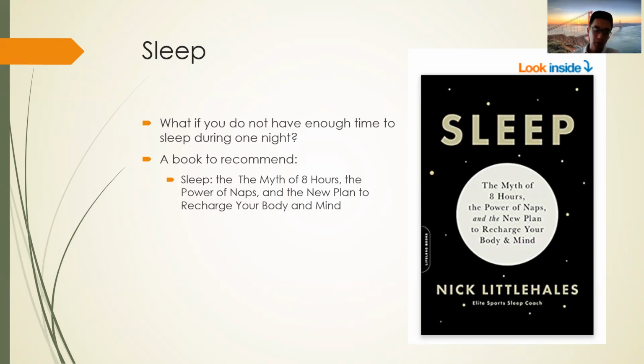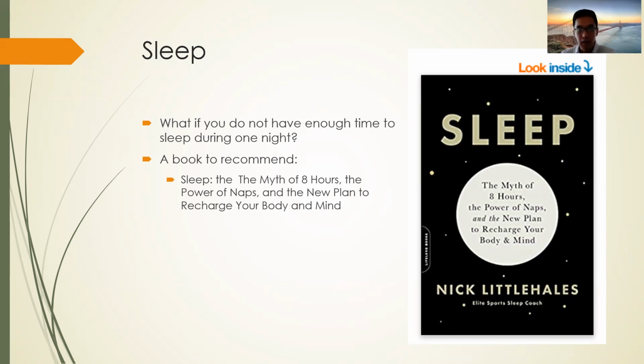For example, on Monday you have only 4 hours of sleep, but you need 8 hours every night. On Tuesday night, you can have 2 more hours of sleep, for example 10 hours. And on Wednesday night, you can still have 10 hours of sleep, which is 2 hours extra compared to the normal state.